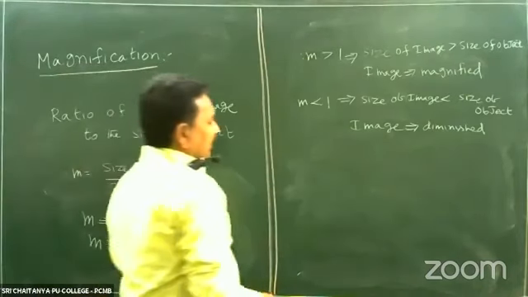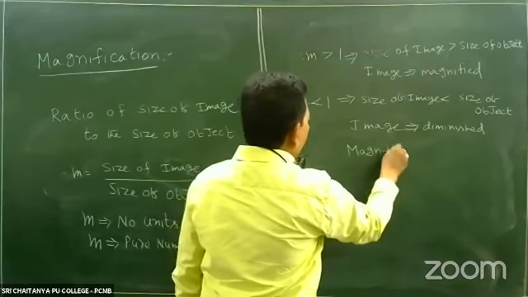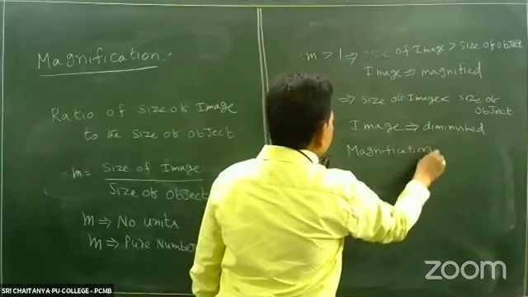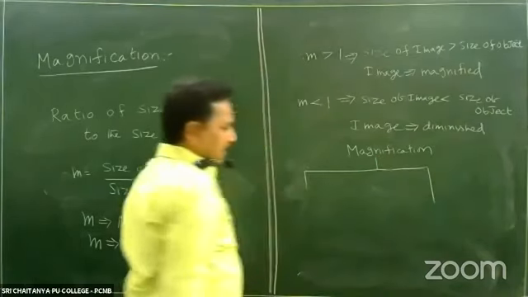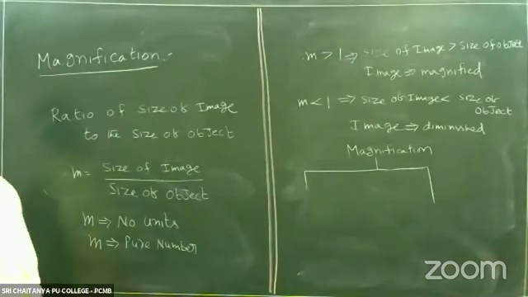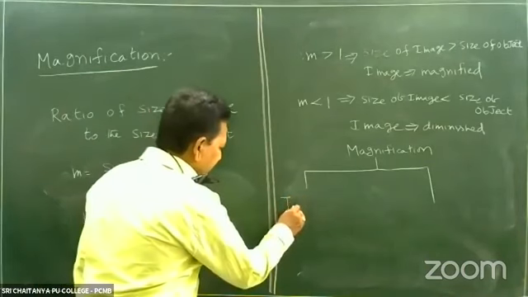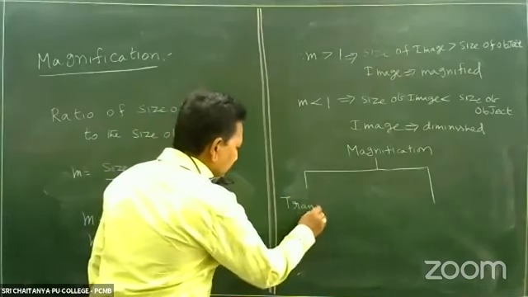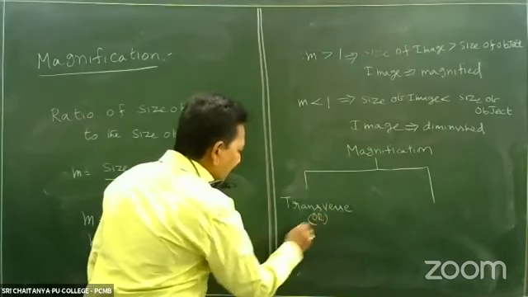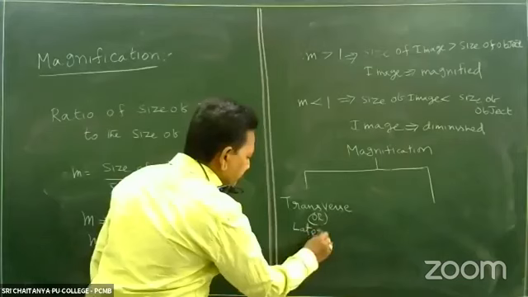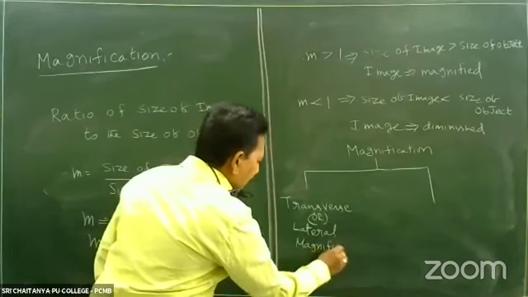Once again, the magnification is of two types. What is the first one? Transverse or lateral magnification.